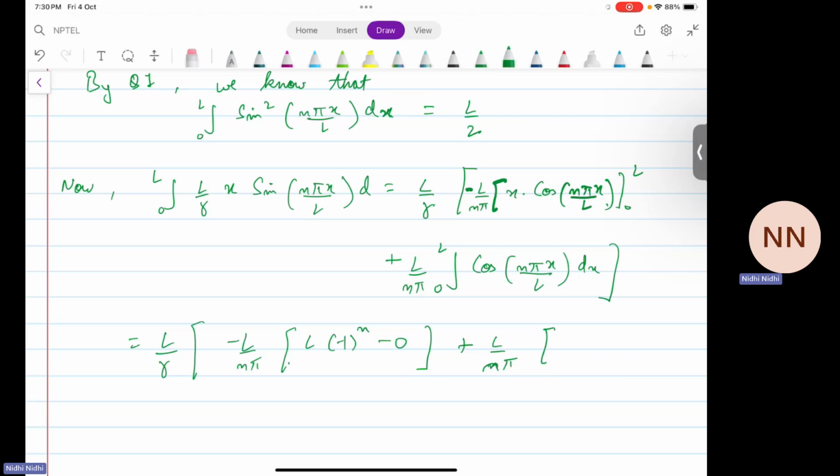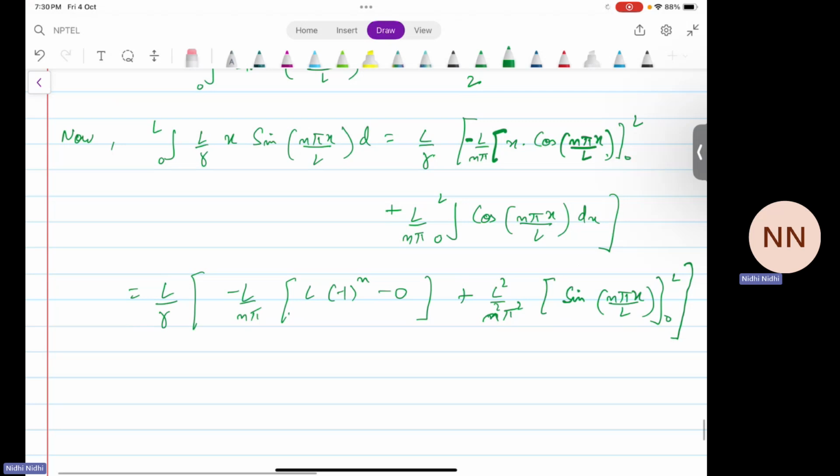We know that the integration of cos x is sin x, so sin(n pi x by L) over n square pi square L square, integration 0 to L. So this is minus 1 to the power n plus 1 L cube by gamma n pi, plus L cube by gamma n square pi square times sin n pi, and since sin n pi is 0, sin 0 is 0, this is just 0.